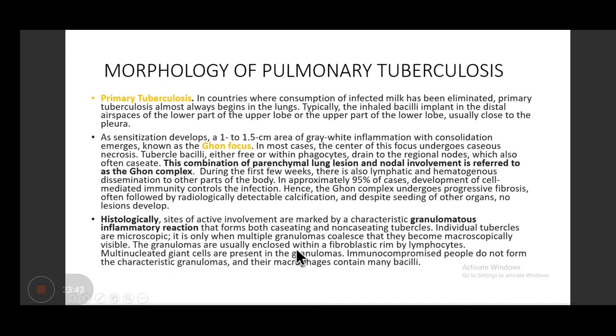And the granulomas are enclosed within a fibroblastic rim of lymphocytes. So I'd ask you a question: the granuloma in which this fibroblastic rim of lymphocytes is absent, what is the name of that granuloma? And the characteristic example of the disease in which you have this granuloma. So that's the question for you. And also another question: examples of diseases which show non-caseating granulomas.